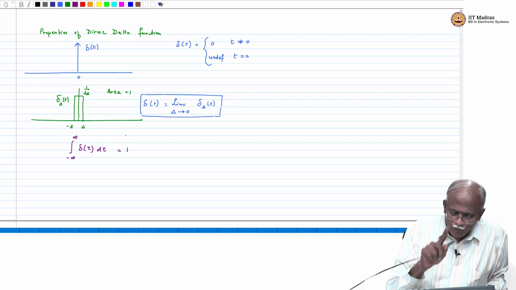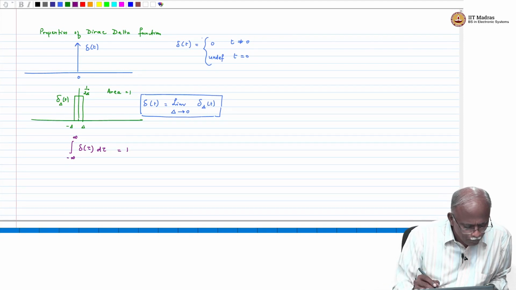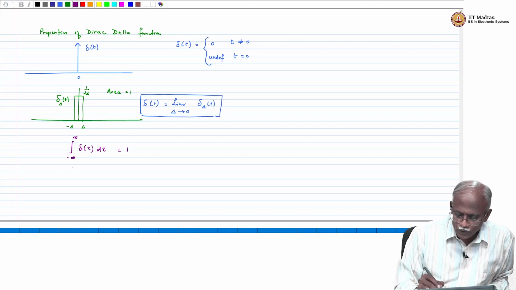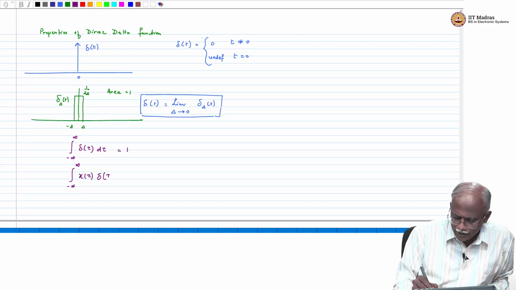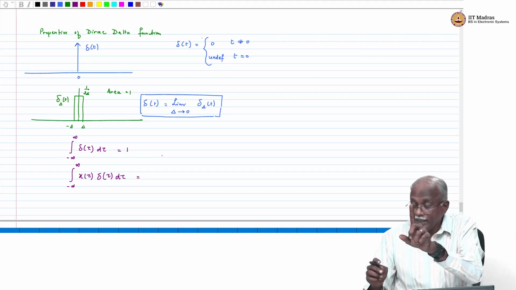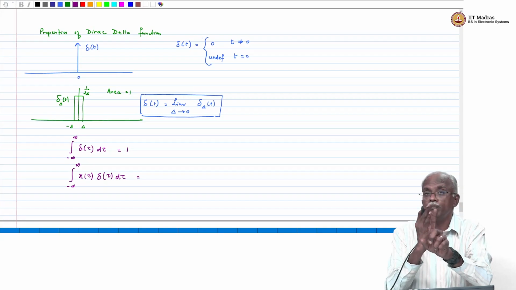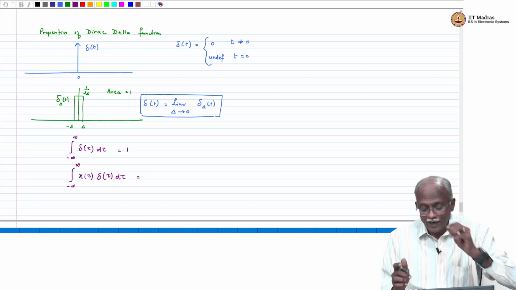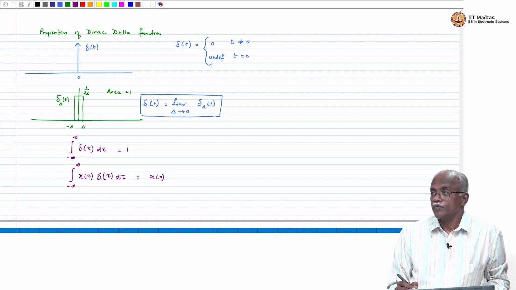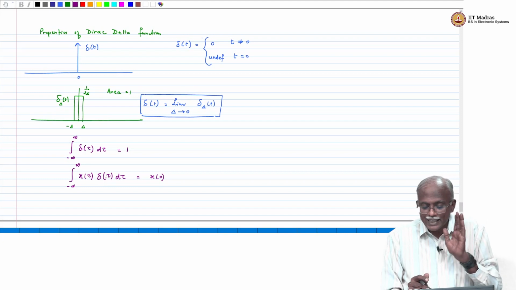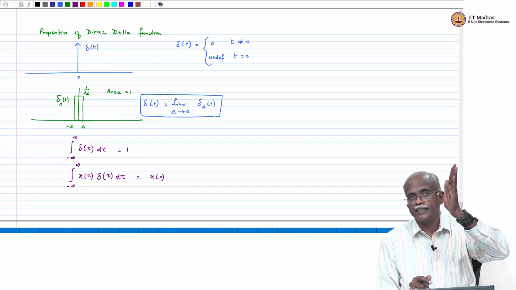Now, once you think of it as an impulse, then when you integrate from minus infinity to infinity, you take a signal x of t and multiply it by this Dirac delta, delta of tau d tau. This will not be equal to 1 anymore. This is called the sampling property. Whatever was the value of the function x, that is what will show up. This will become x of 0. This is what scales the Dirac delta.